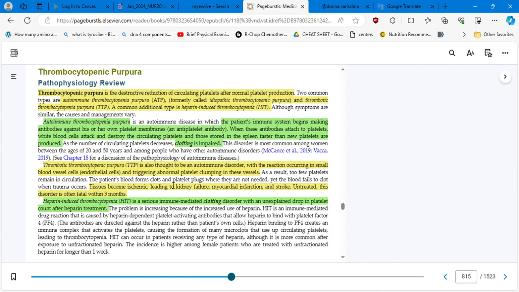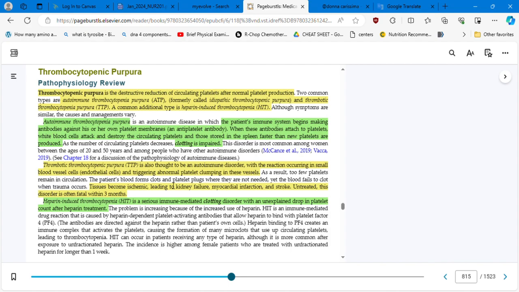In this case, the patient's immune system begins making antibodies against its own platelet membranes, and then these antibodies attack the platelets. White blood cells attack and destroy the circulating platelets, and those are stored in the spleen faster than new platelets are produced. So the destruction is faster than the production, and that's why clotting is impaired.